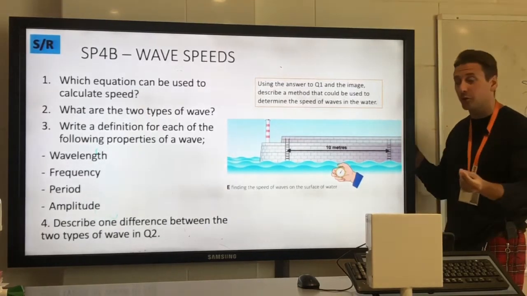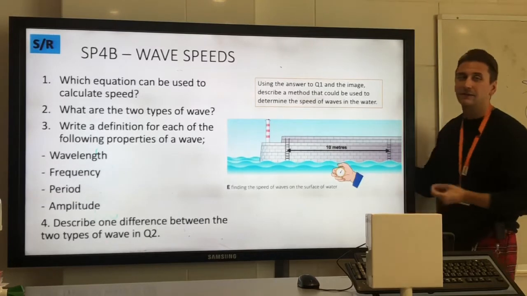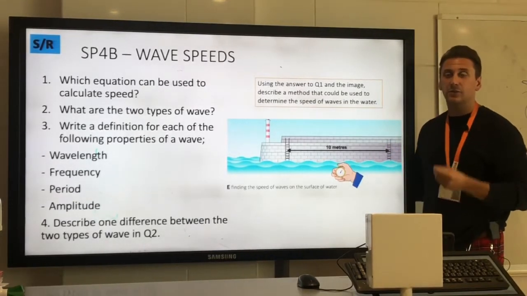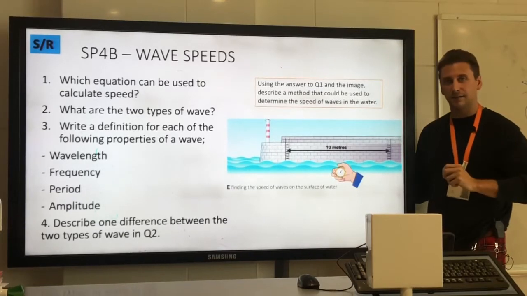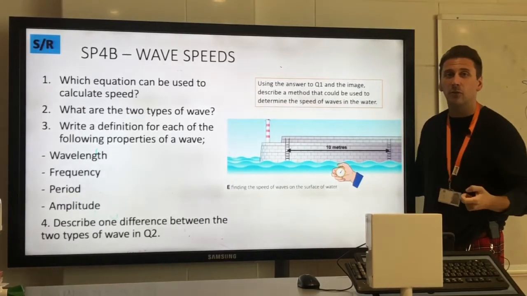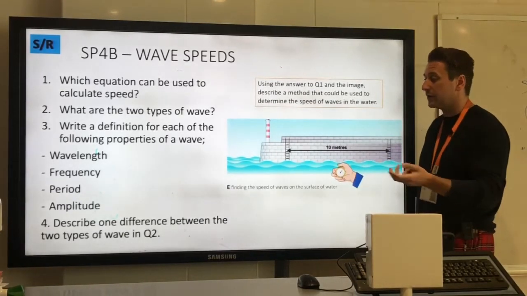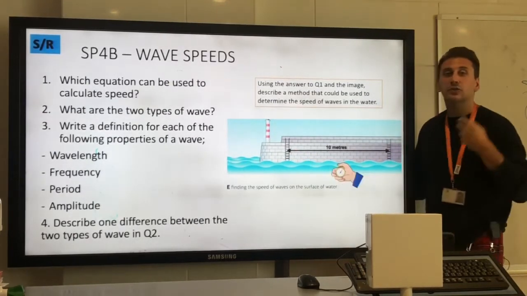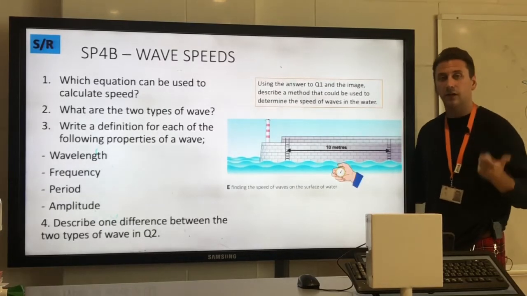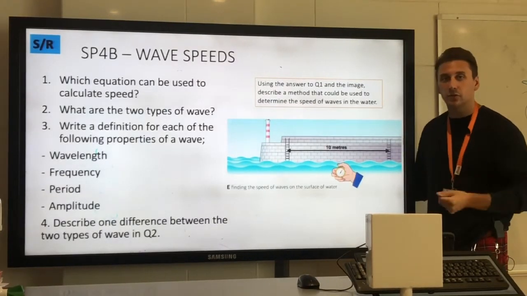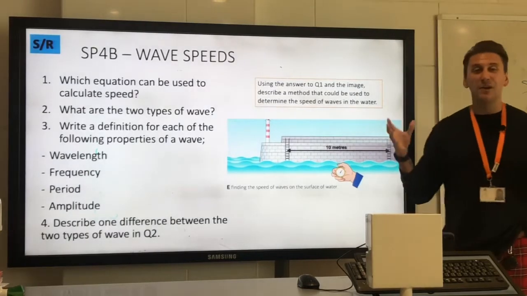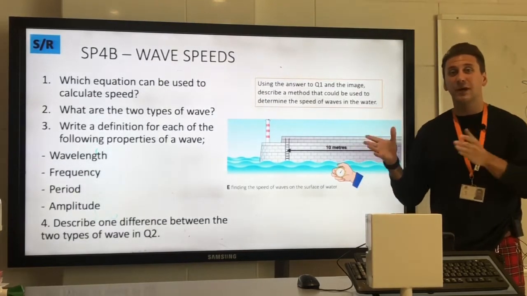So what I can do is increase the amount of time that I measure the number of waves passing this ladder. So I could say, let's do it in 20 seconds. That makes it easier for me to measure with a stopwatch and makes my value for frequency more accurate. I would count how many waves pass this point in 20 seconds. So I start my clock. I count 1 wave, 2 waves, 3 waves, and I stop my clock at 20 seconds. Let's say I got 10 waves past this point in 20 seconds.